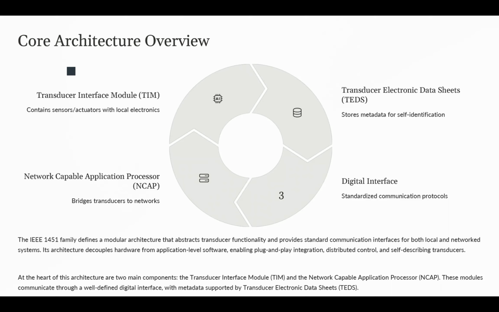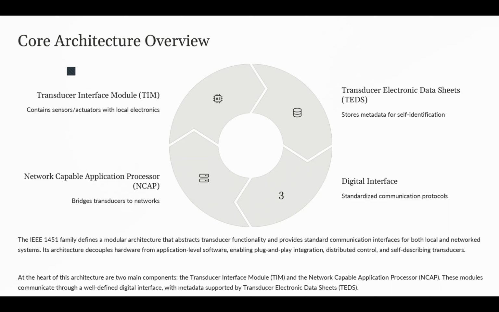So this architecture gives us a modular and decoupled hardware, which is the TIM, that is distinct from the application software, which is the NCAP. So we have flexible deployment, distributed control, and scalable integration of the transducers.